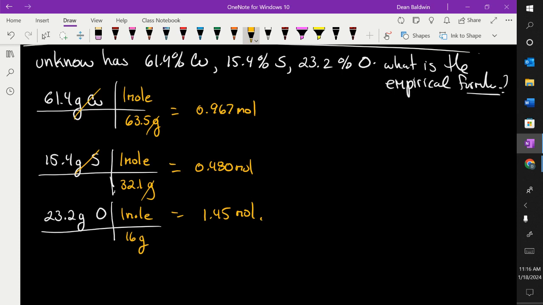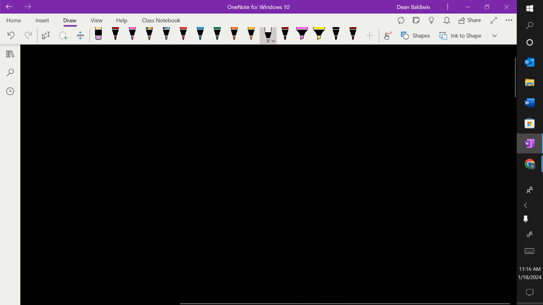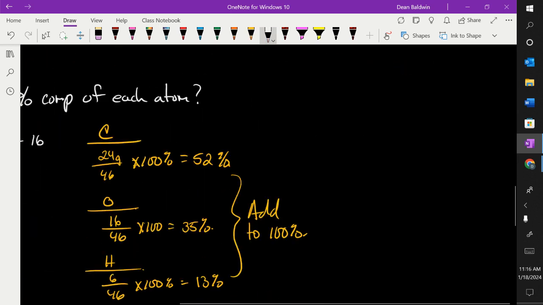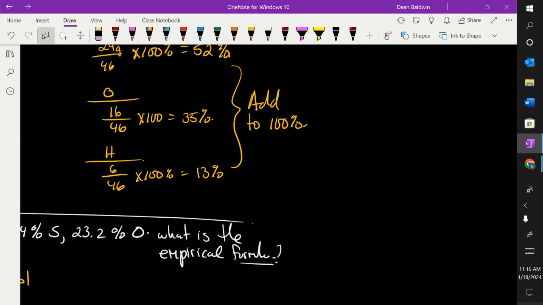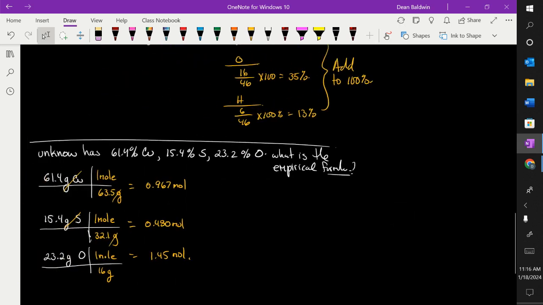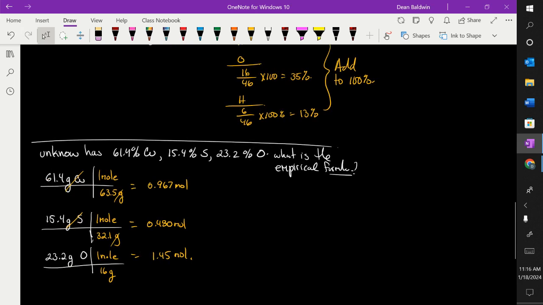Divide by the what? The smallest number is what you divide by. The smallest number here is 0.48. So you divide everything by the smallest.